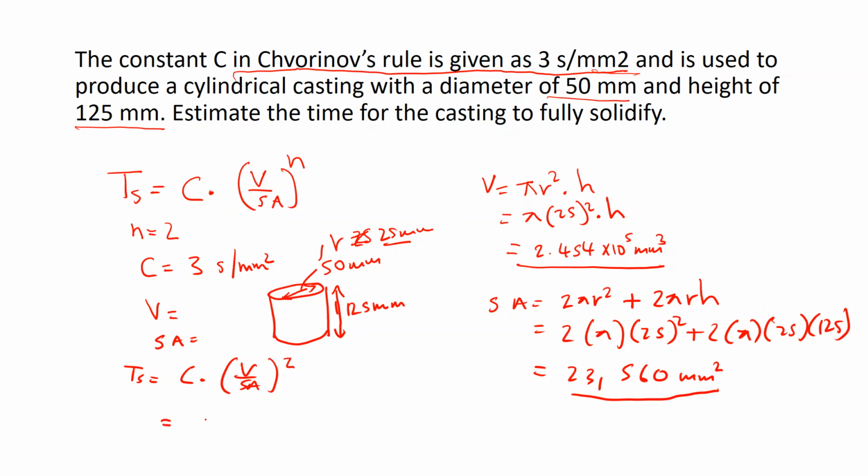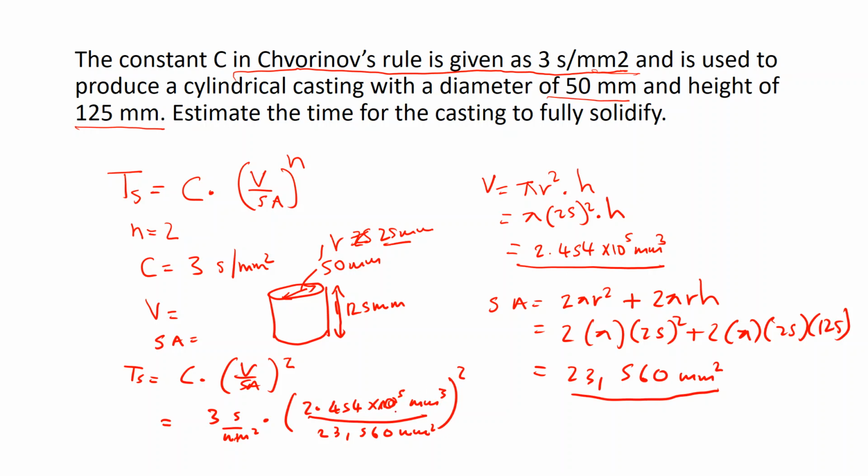This is equal to 3 seconds per millimeter squared multiplied by 2.454 times 10 to the power of 5 millimeters cubed over 23,560 millimeters squared, to the power of 2.